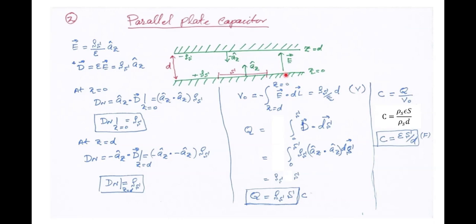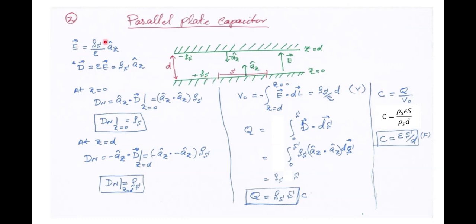In this case, the electric field is directed from the z equal to 0 plane to the z equal to d plane, and hence the D field, the electric flux density, is also directed from the z equal to 0 plane to the z equal to d plane.